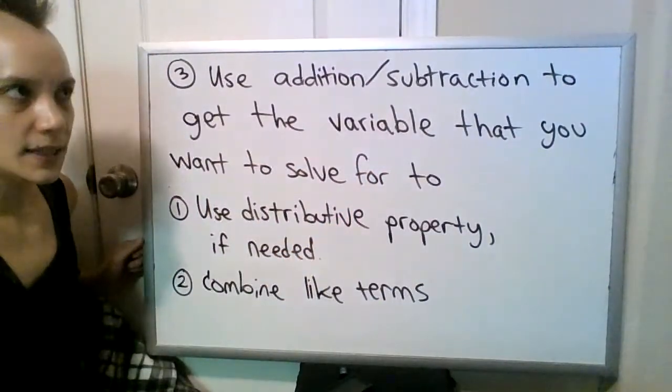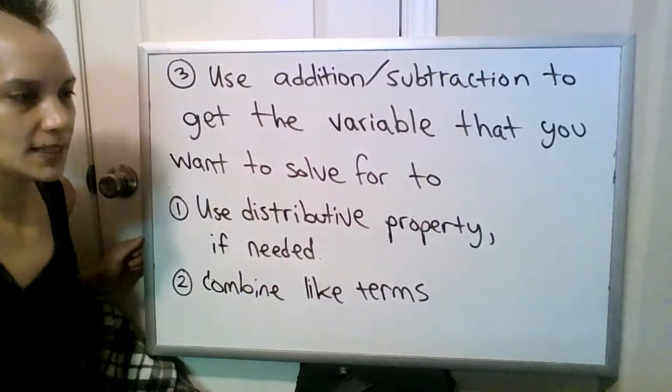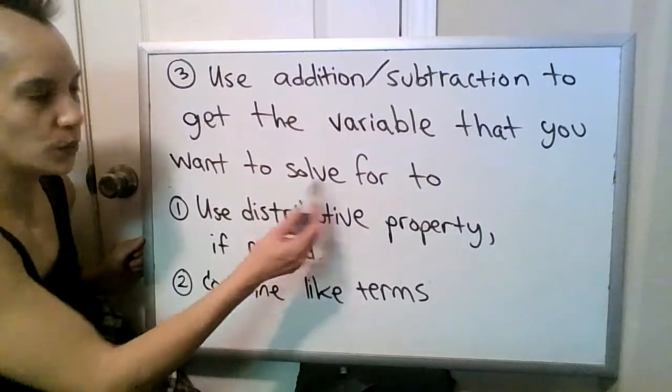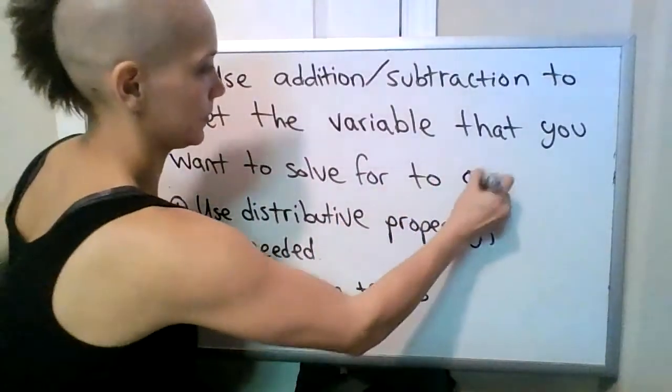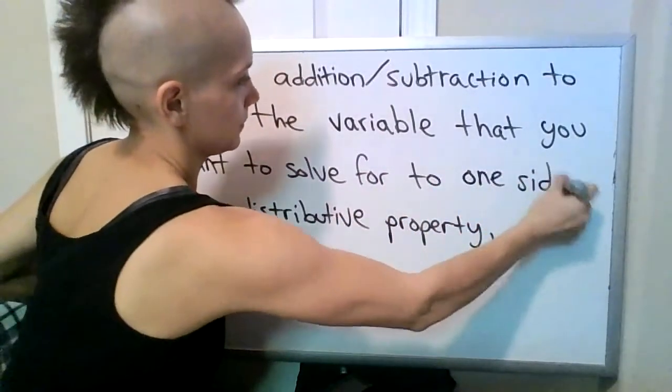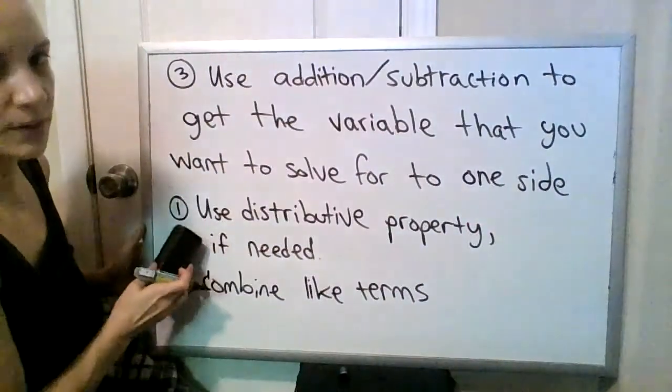We're trying to get that variable isolated, and first we're going to get it over to one side of the equal sign, or one side of the equation.